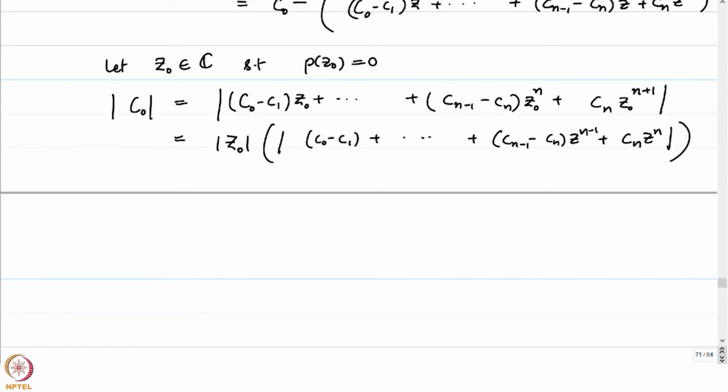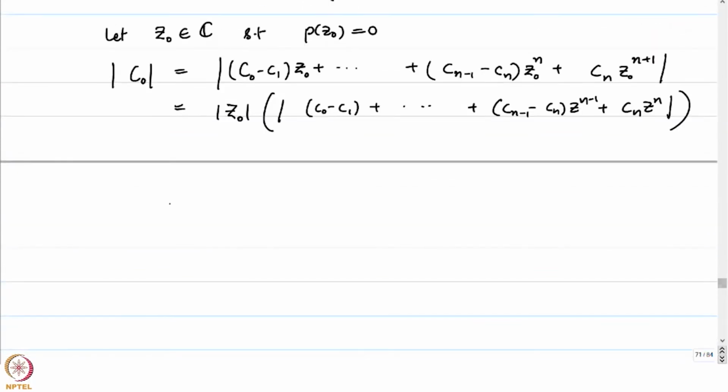This is precisely what happens when you look at the absolute value of the product of two complex numbers. Remember that z0 is a complex number, so the thing on the right is now a complex number. You can take z0 as a common factor, and this is precisely what it turns out.